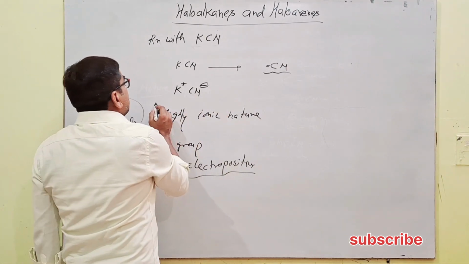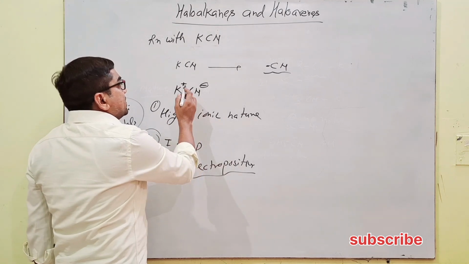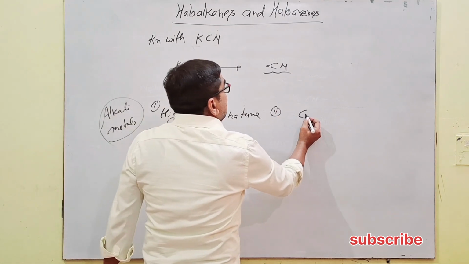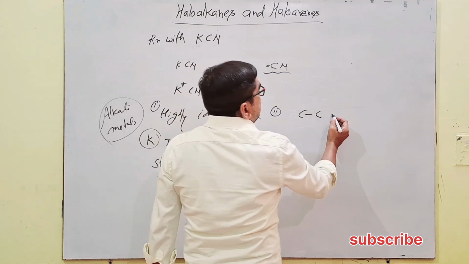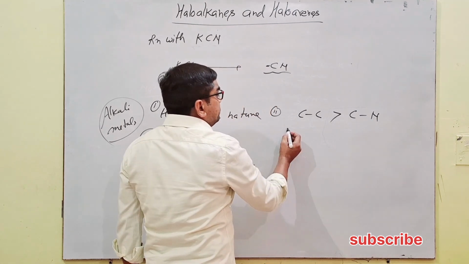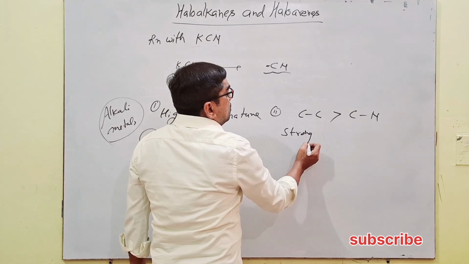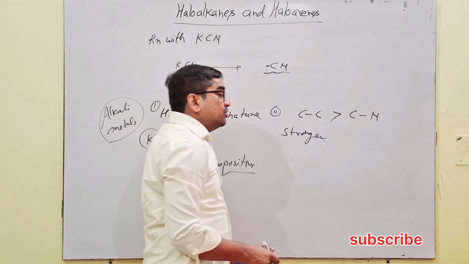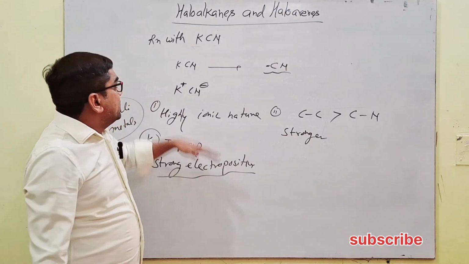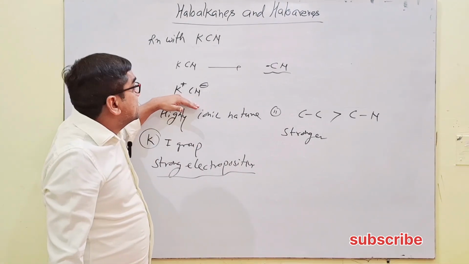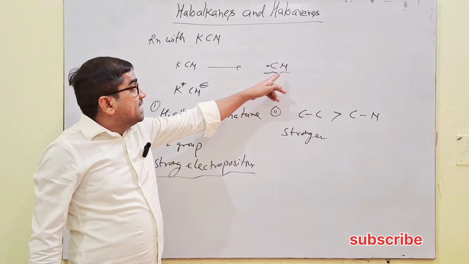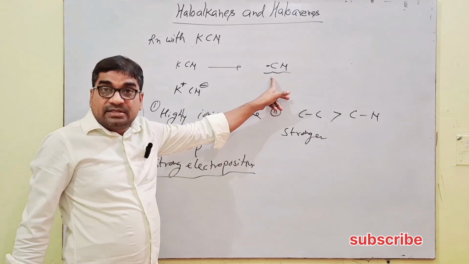So the first condition is the highly ionic nature of potassium cyanide, and the second thing is that the carbon bond is stronger than the carbon nitrogen bond, which gives stability to the molecule. That's why when potassium cyanide reacts with alkyl halides, it gives the cyano product, and the cyanide attaches from the carbon side.